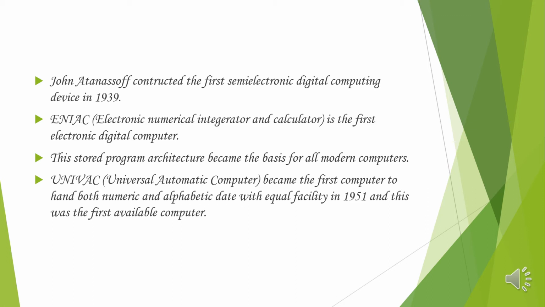UNIVAC, the Universal Automatic Computer, became the first computer to handle both numeric and alphabetic data with equal facility, in 1951. This was the first available device to be called a computer, and it was completely called a computer from 1951.